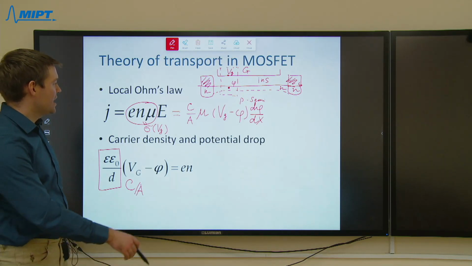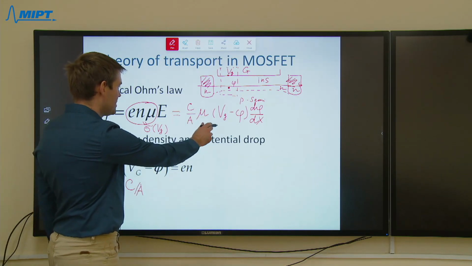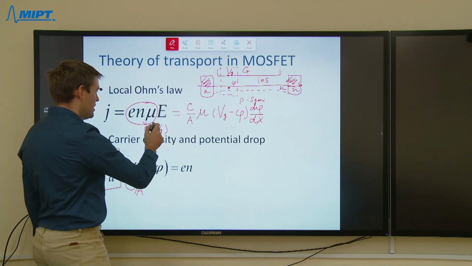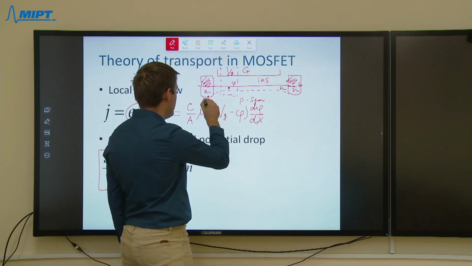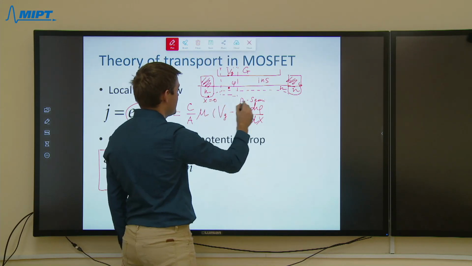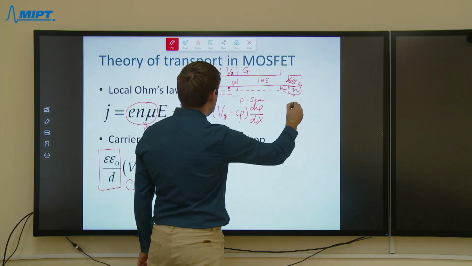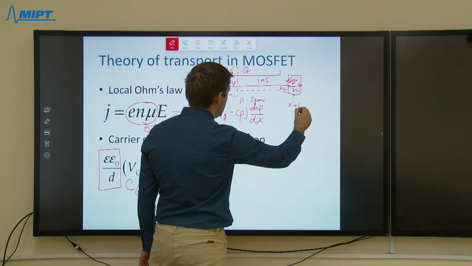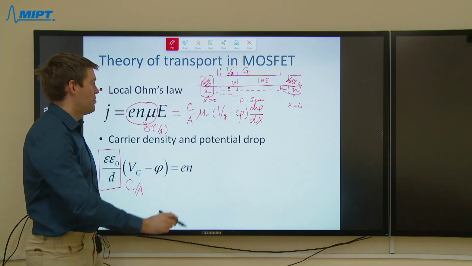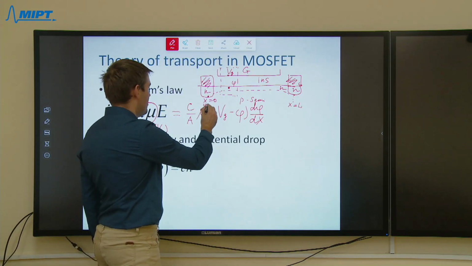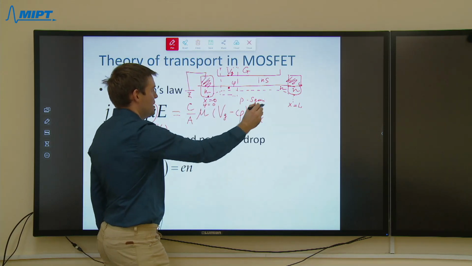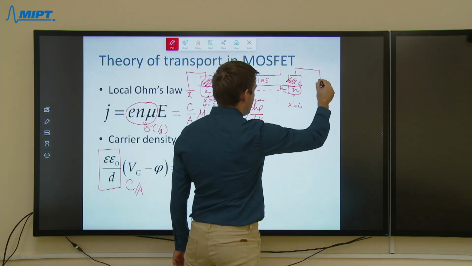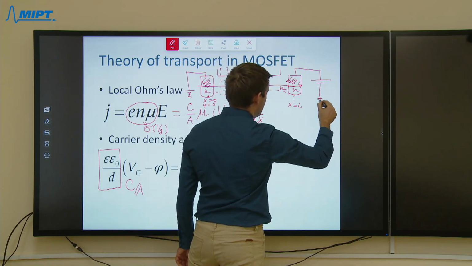So to get the current, we have integrated this equation from the beginning of the channel located at x equal to 0 till the end of the channel located at x equal to L. And the potential varies from 0 voltage at the source till some finite drain voltage at the drain.